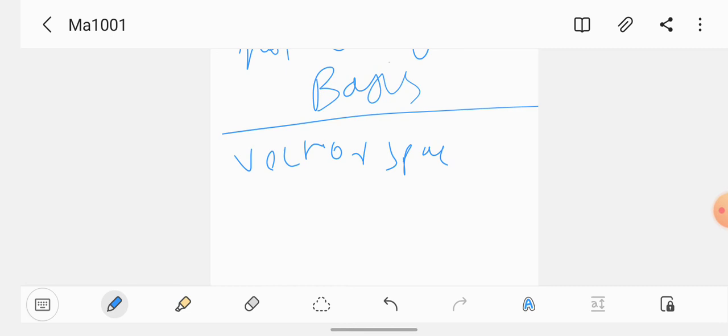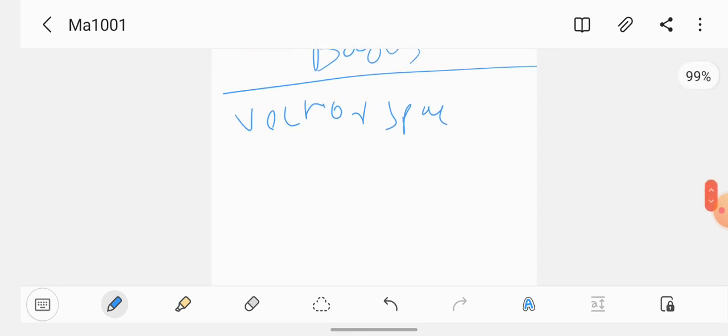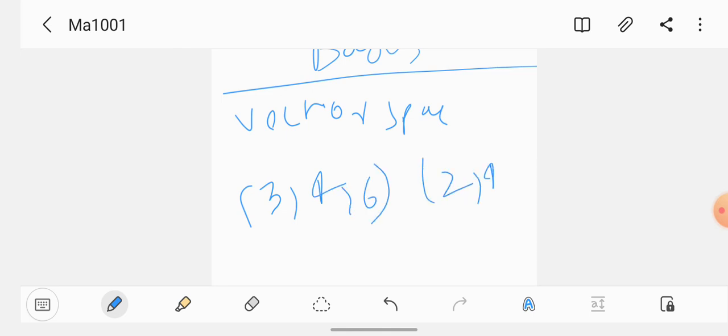And suppose it's not forming a square matrix. What you have to do is, let's suppose you have two vectors: the vector (3, 4, 6) and another vector (2, 4, 1).